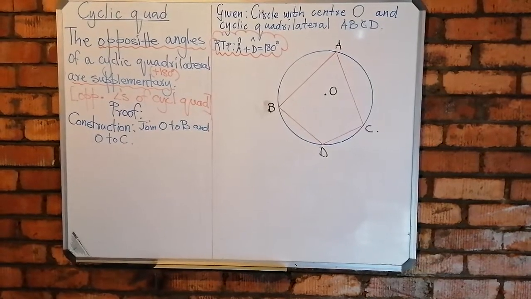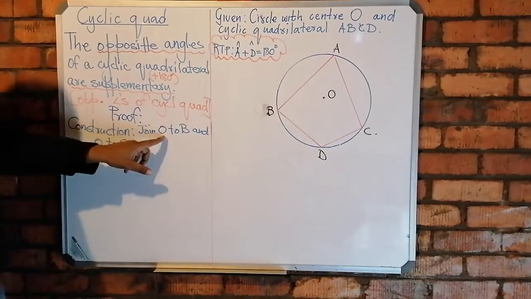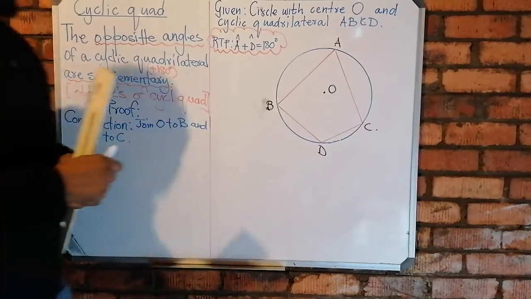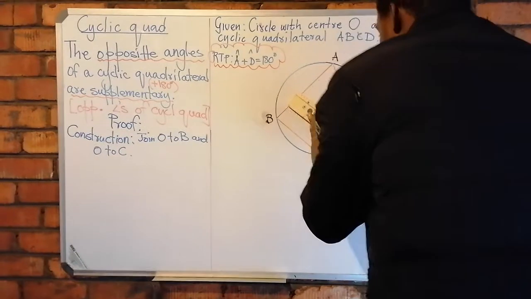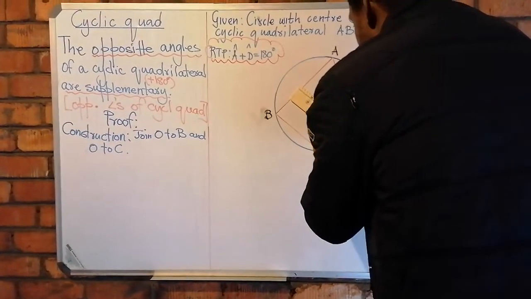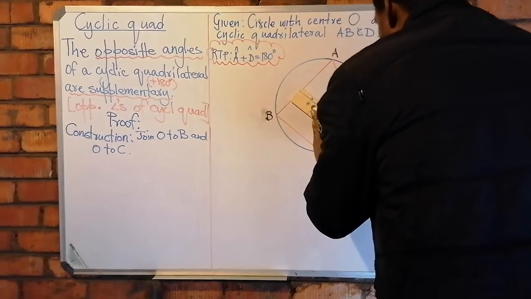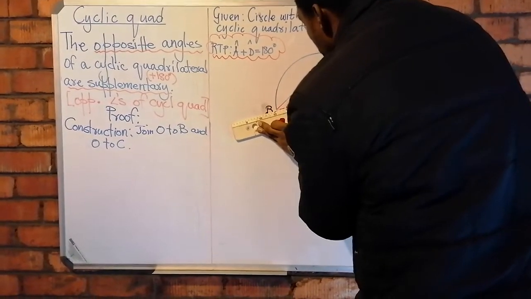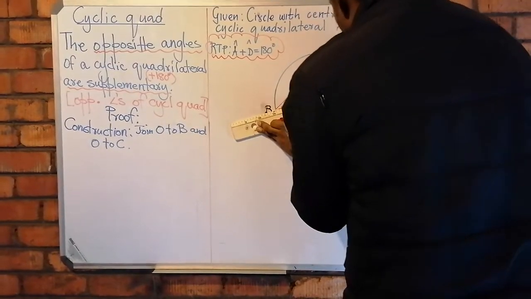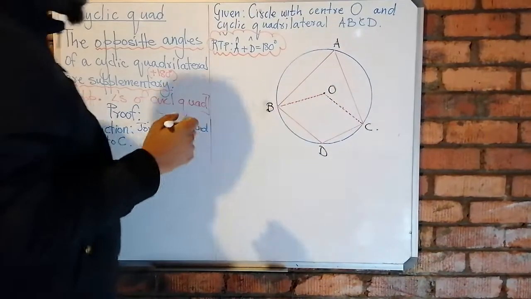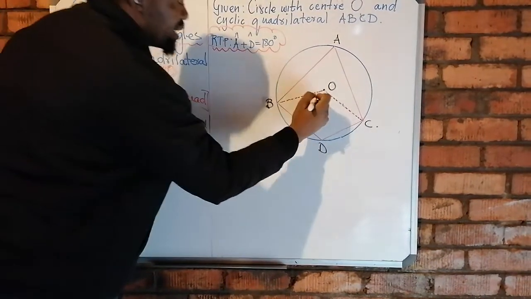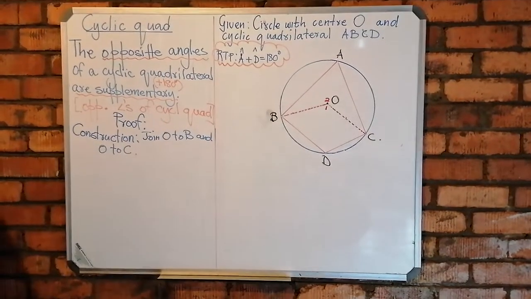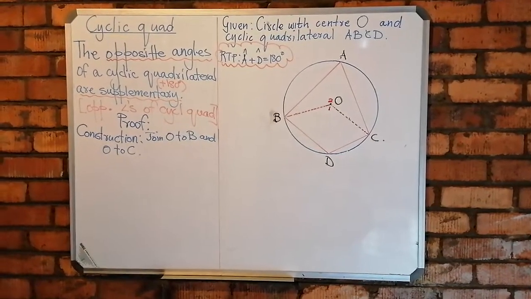I go to my diagram, I join the two points OB, I join OC. Let's do that. Take my ruler there, draw the dotted line. I have joined O and C. I have also joined B and O. Now, because I produced two angles there, I will name them angle O1 and angle O2. That is also very important.